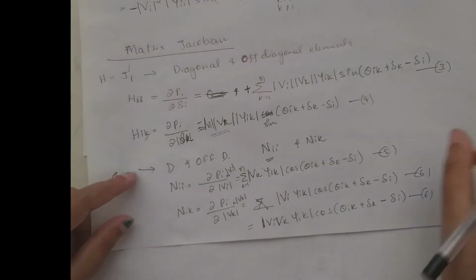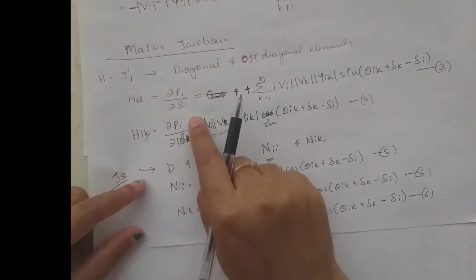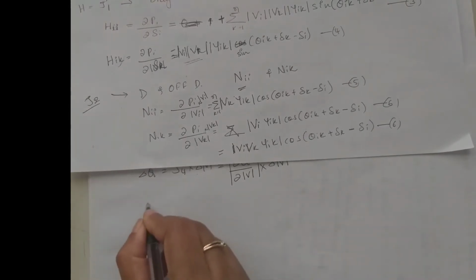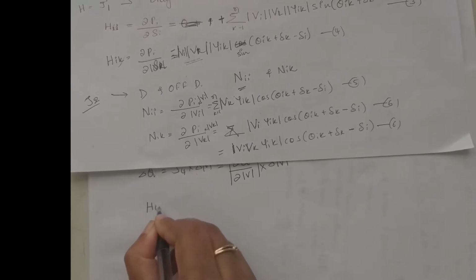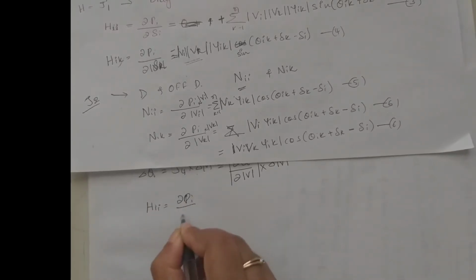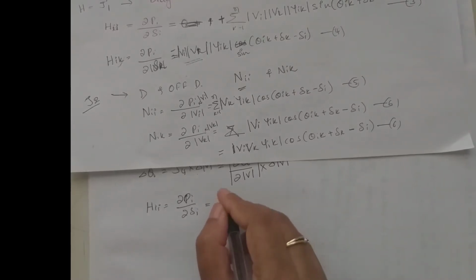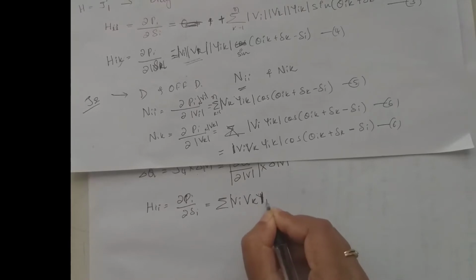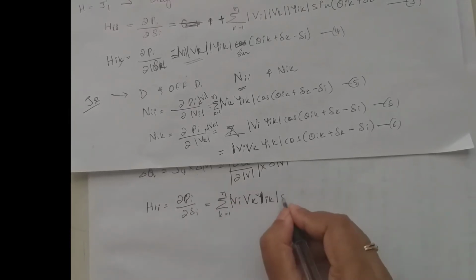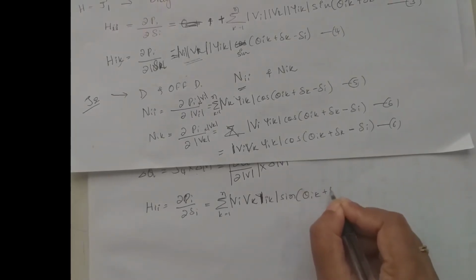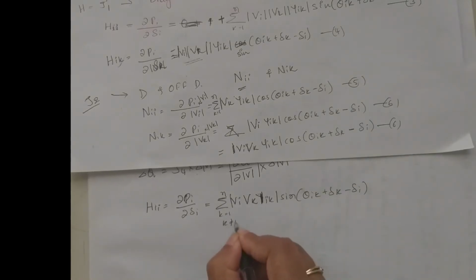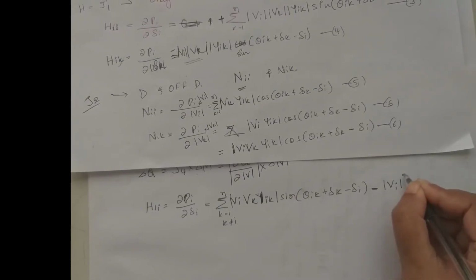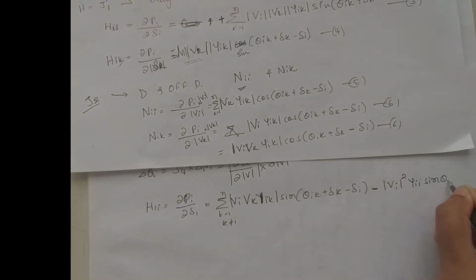The same equation can be written like this: Hii, or delta Pi divided by delta delta I, which is equal to summation Vi Vk magnitude Yik, where k varies from 1 to n, sin of theta ik plus delta k minus delta I. Taking the ith term outside, we get minus Vi square Yii sin theta ii.